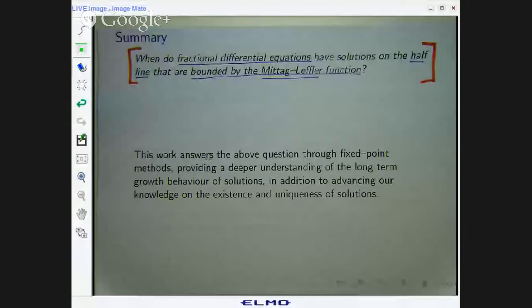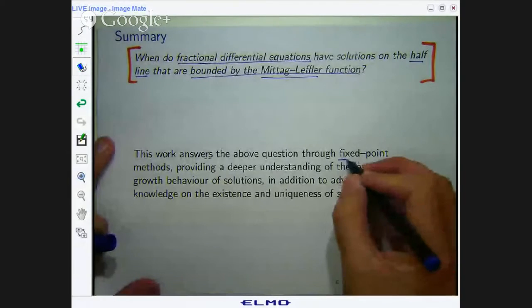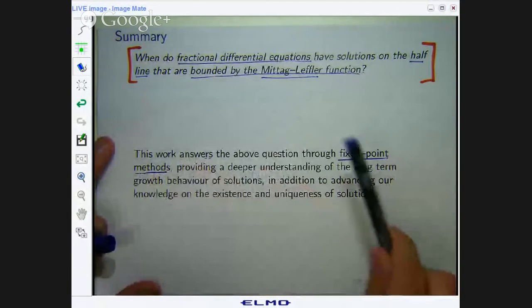Okay, so why would you want to do that? Well, there's lots of interesting answers to that question. Firstly, the Mittag-Leffler function plays a similar role as an exponential function does in regular calculus. And in this presentation, we're going to look at nonlinear equations. So what happens in this nonlinear case? The ideas we're going to use involve so-called fixed point methods.